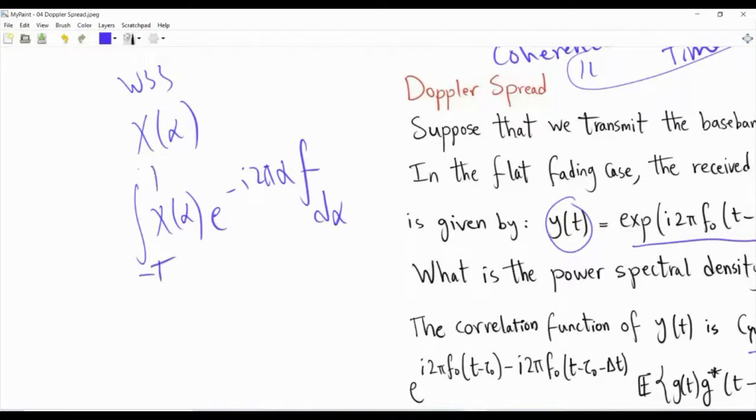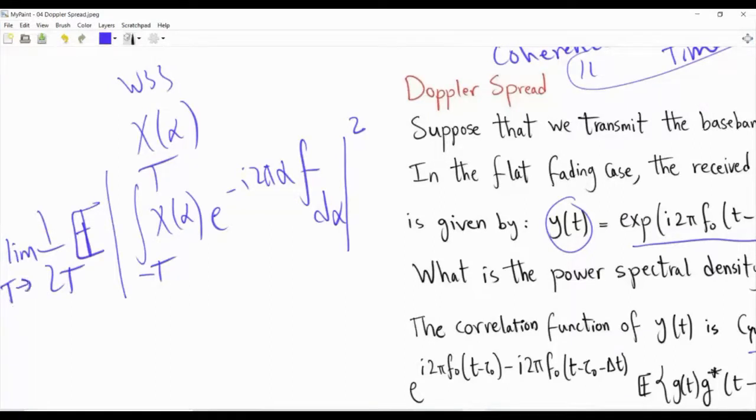You take a truncated transform from minus T to T, then you take the magnitude squared, and then you take expectation because your stuff is random, and then you scale by 1 over 2T, and then you take the limit as T goes to infinity. That's the main definition of power spectral density for a wide sense stationary process.